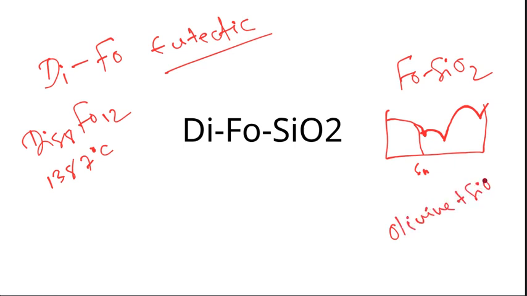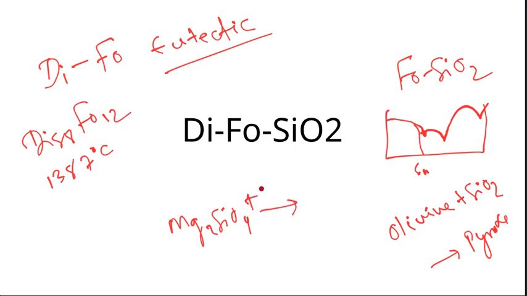Olivine reacts with silica and forms pyroxene, that is Mg2SiO4 reacts with SiO2 and gives 2 MgSiO3. This is the enstatite, or here it is called proto-enstatite. So this is the peritectic system.